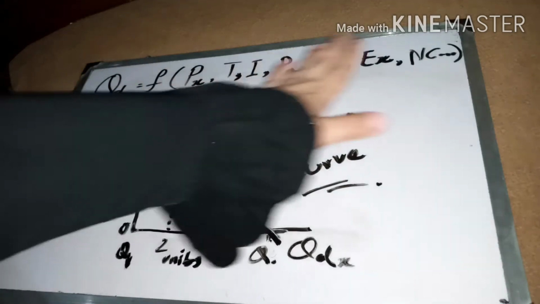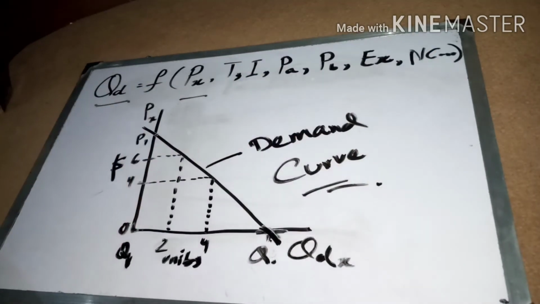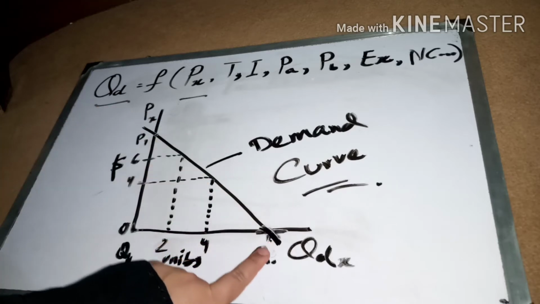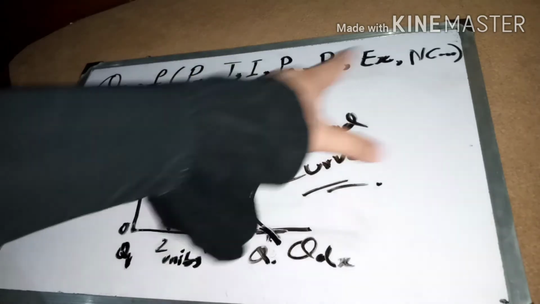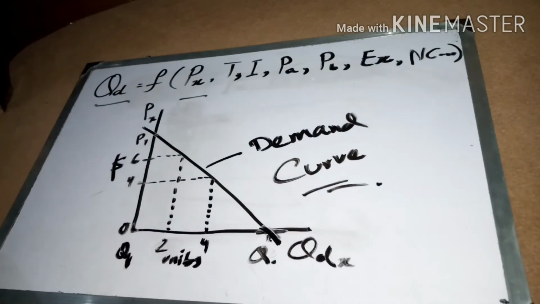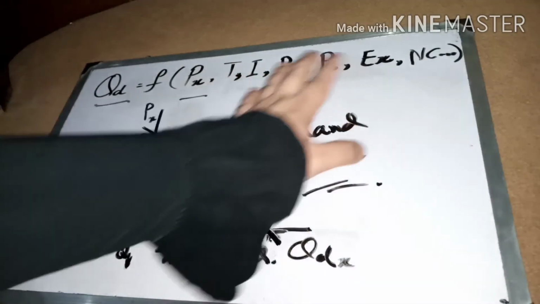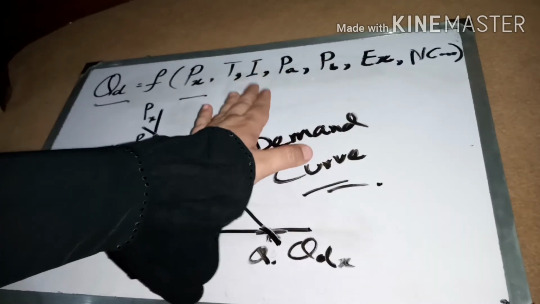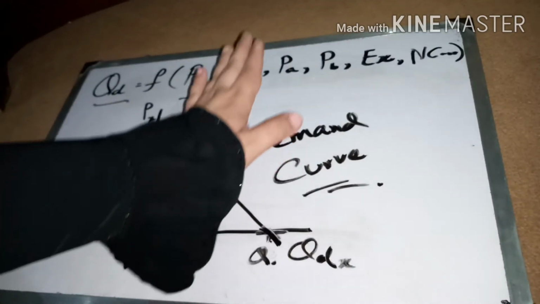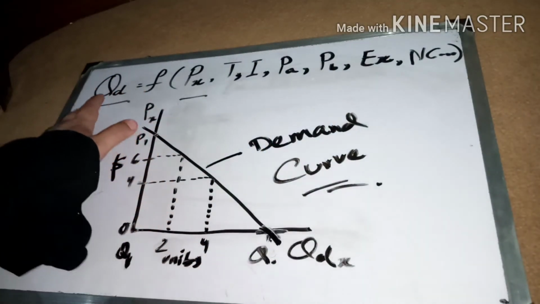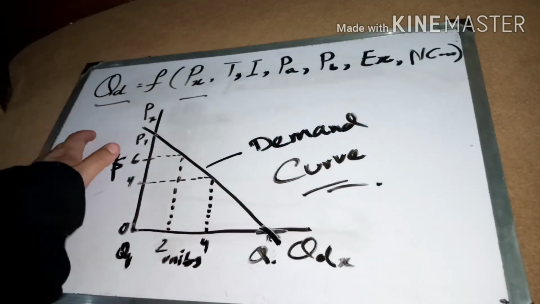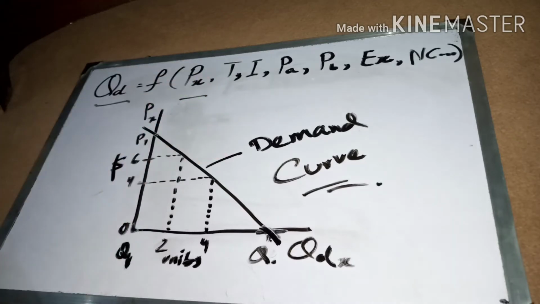So we have held constant all the other factors. This demand curve that we have got is obtained just by keeping all these factors constant, meaning there would be no change in these factors when we are developing a relationship between the quantity demanded and the price.